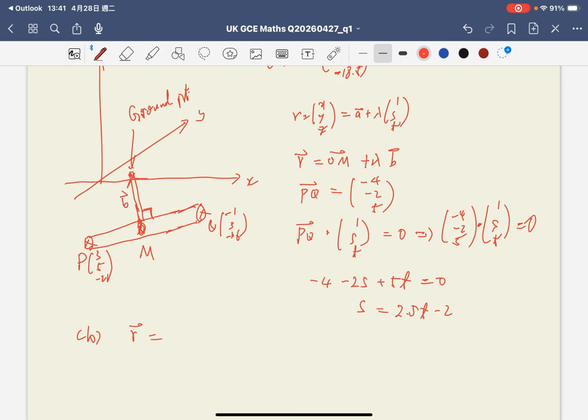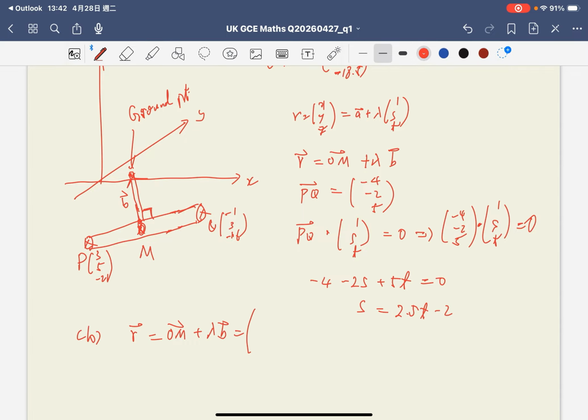The starting point is here, and r for any point on this straight line can be written as OM plus lambda b. That means the z coordinate should be 0. Then r equals OM plus lambda b.